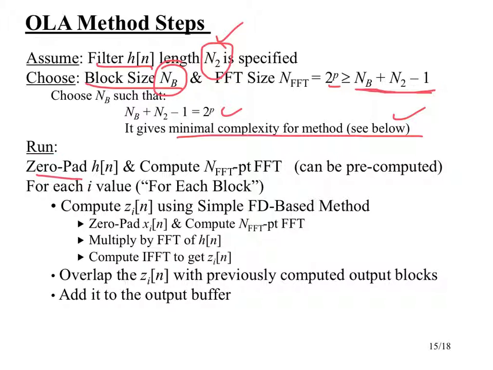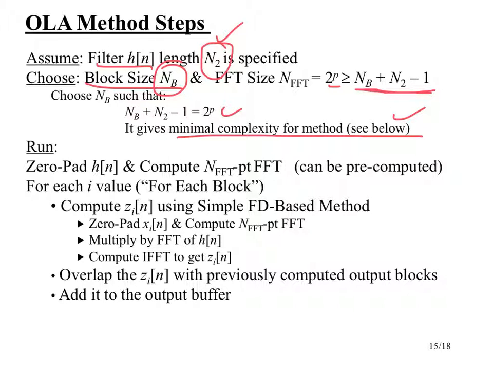So I zero pad h of n out to my FFT size, and I compute the N_FFT point FFT of that, and I comment here that that can be pre-computed, and so we don't count that against our real-time complexity in any way. And now we start the actual processing. So that was done ahead of time, and that result is stored and kept there. I don't have to do that FFT ever again.